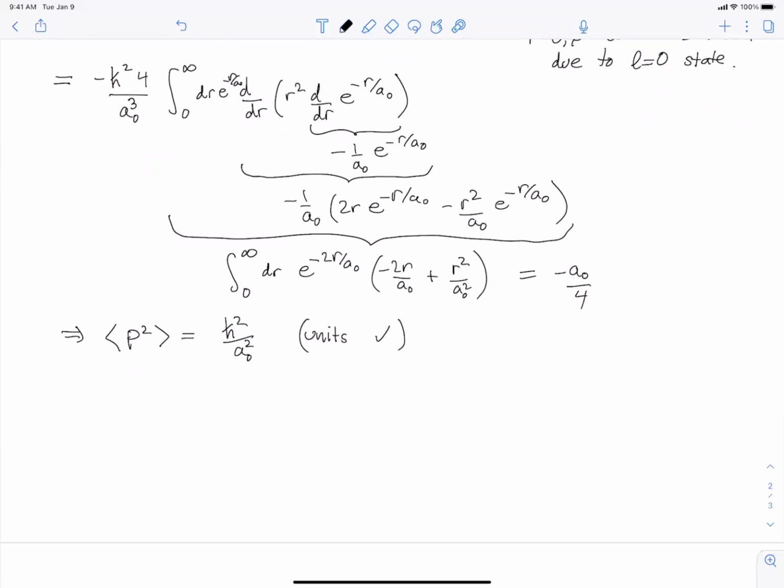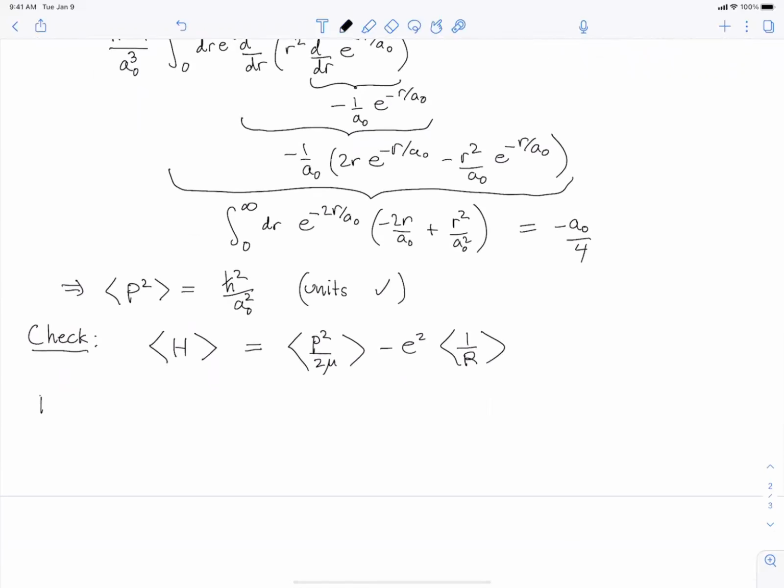And so now that we've got this, we can do some checks. One check is the units that we've just done. And another check is you can put what we found together and calculate the expectation value of the Hamiltonian. Because the Hamiltonian is p squared over twice the mass of the electron minus e squared times the expectation value of 1 over r.